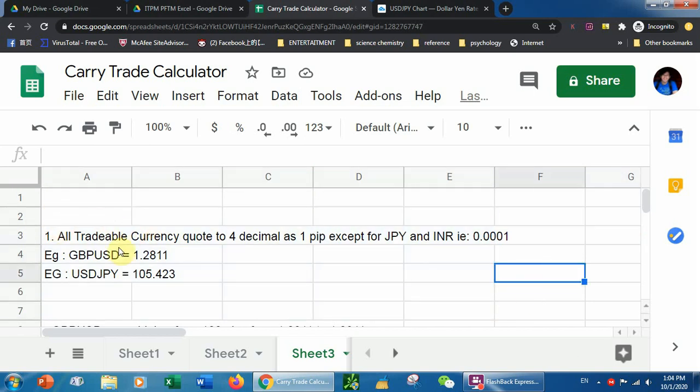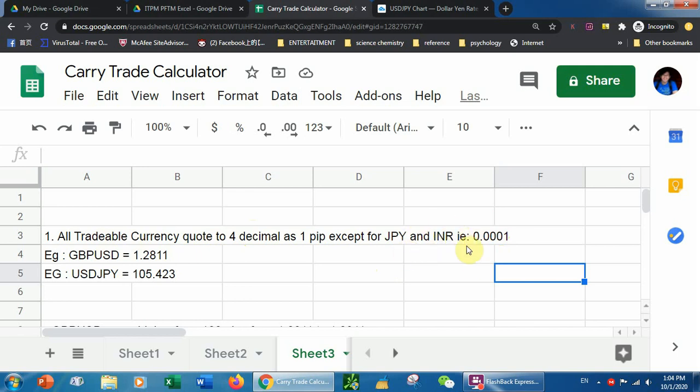Although almost all tradable currency pairs in the forex market are coded up to 4 decimal places as a pip, which is 0.0001, this is 1 pip for most tradable currencies. There are two currencies that don't code as 4 decimal: the Japanese yen and the Indian rupee.